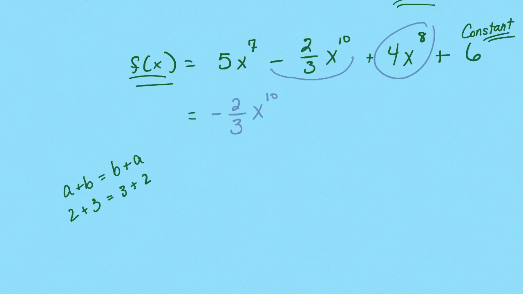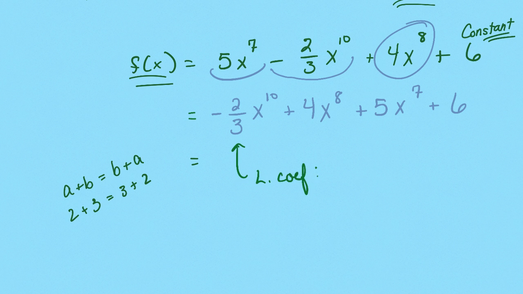Then I want the next highest degree, which is the 8th degree term. Then I want the next highest, the x to the 7th. And then finally my constant at the end. So you just rearrange it, put it in standard form like that, and now you can see your lead coefficient is negative 2/3. You can see your degree is 10.